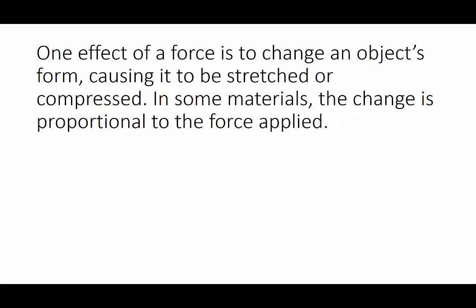Okay, so forces can also change an object's form. They can cause stretching and compression, and in some materials the change is proportional to the force applied. So what does proportional mean? If two things are proportional to each other, that means if one of those things is doubled, then the other one is also doubled.